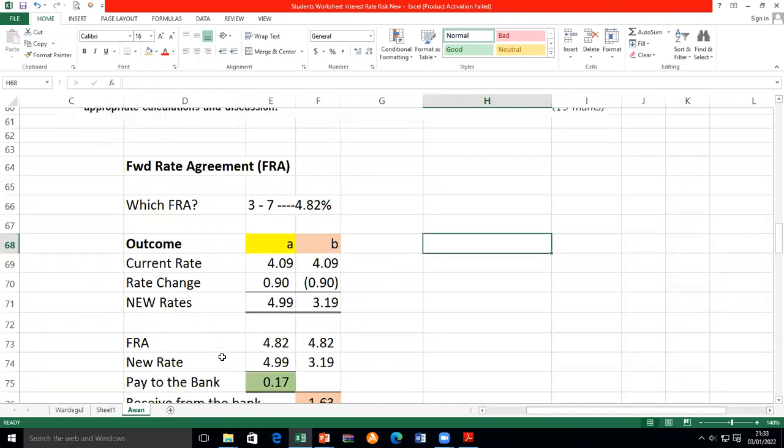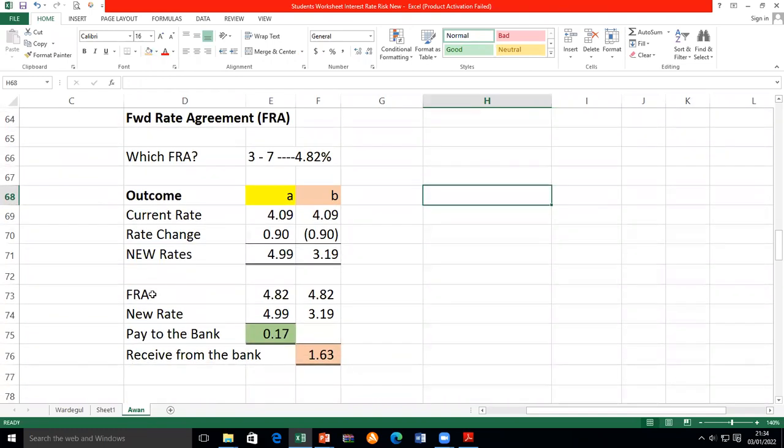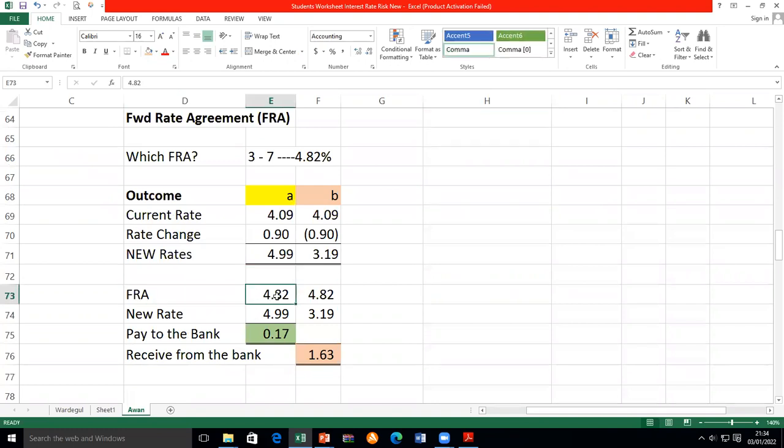So now, what is the result on the FRA? You have already hedged at 4.82. The new rate now is 4.99. So what happens? You are going to the bank. Remember, this is a deposit, the amount that you're expecting to receive.